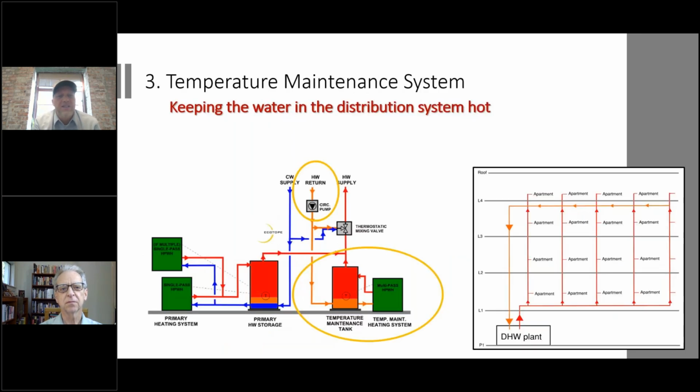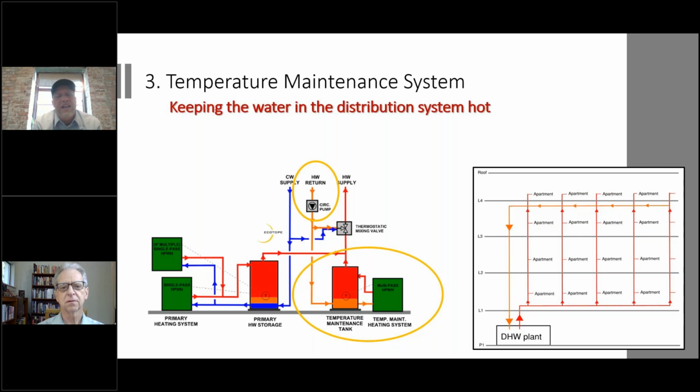Correct. And we talked about the third component, which is temperature maintenance systems. It really just summarizes as keeping the water in the distribution system hot. With big apartment buildings, you have to keep these circulation pumps running pretty much all the time.